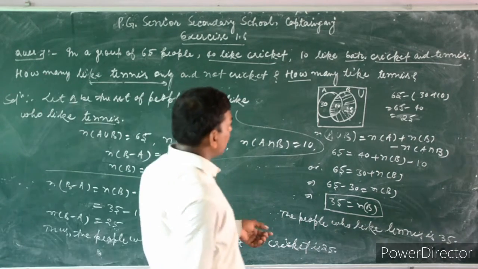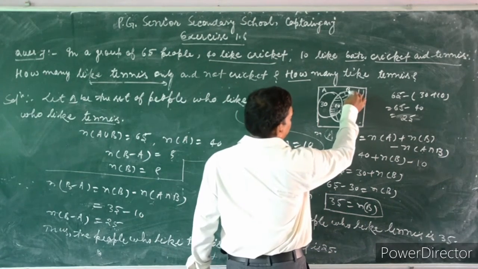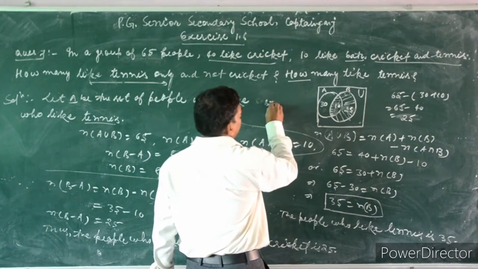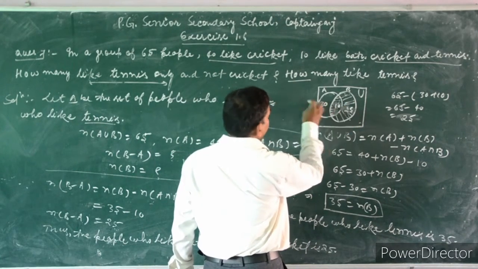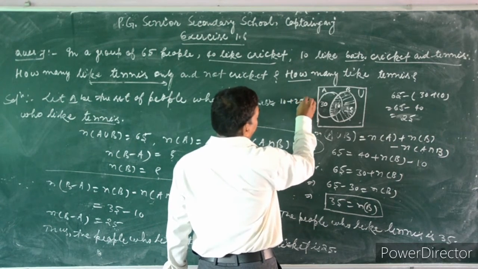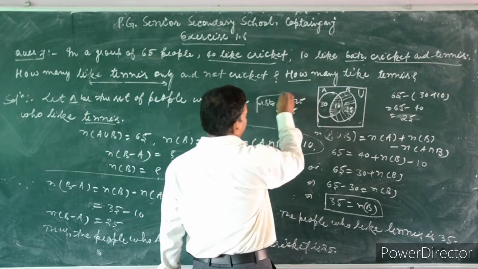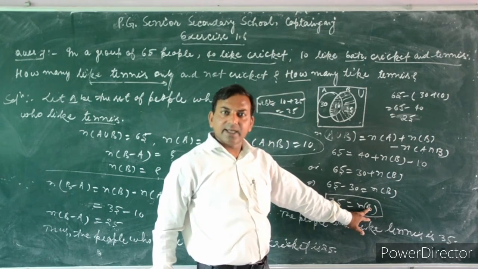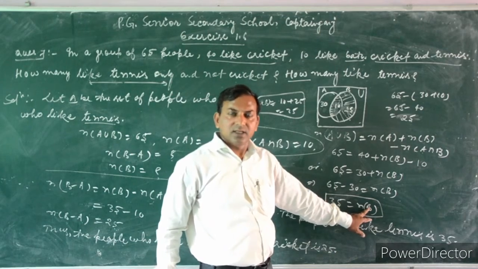If you add the total set B, it is 10 plus 25, so the cardinal number of B equals 35. 35 is the cardinal number of B, the people who like tennis. Clear? Thank you. Have a nice day.